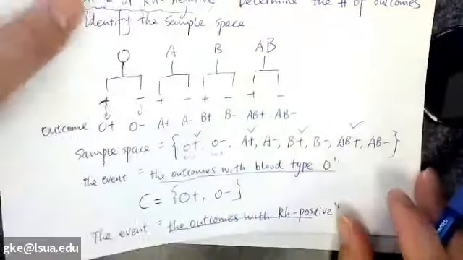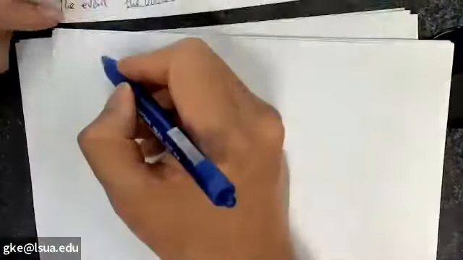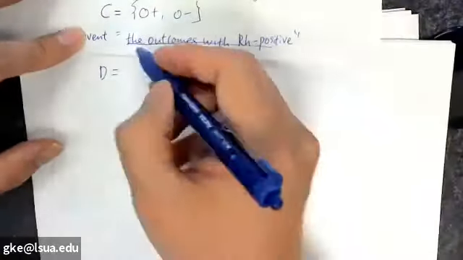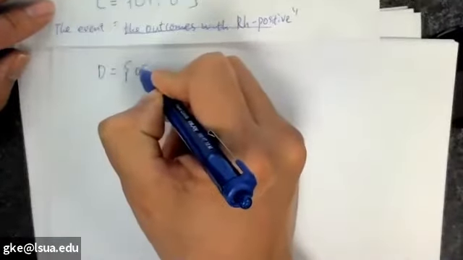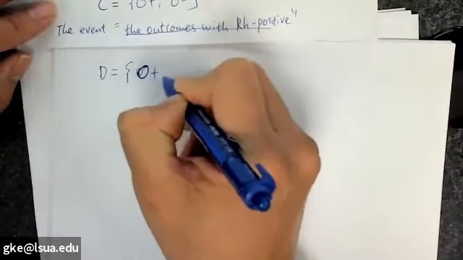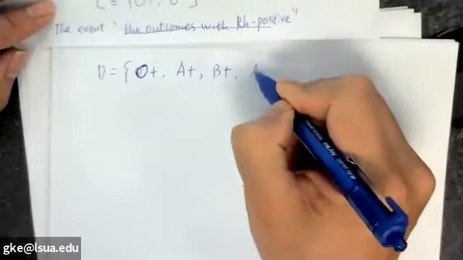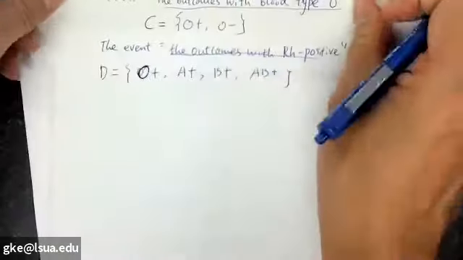So we can write down this event right here using a capital letter. That is O plus, A plus, B plus, AB plus. Okay, so that's the event.